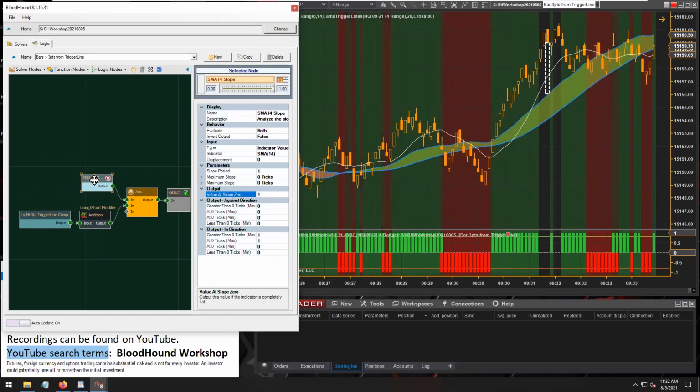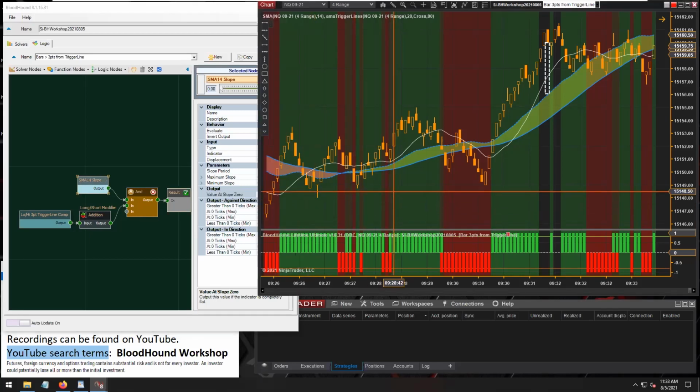So I just made a simple adjustment to the slope solver, where I turned on the output for a 0 slope. So when there's a 0 slope, there's an output. That way there's always an output from our slope solver.